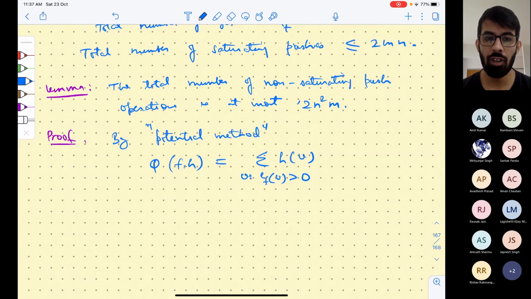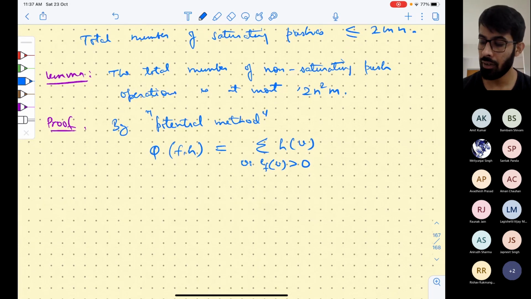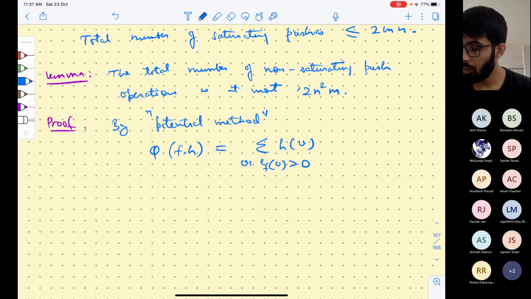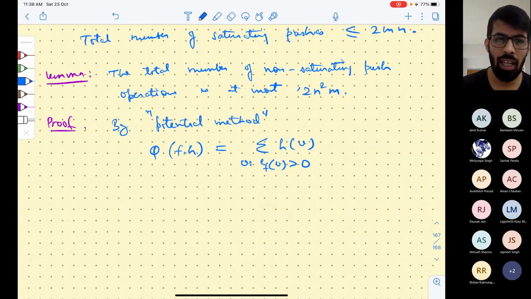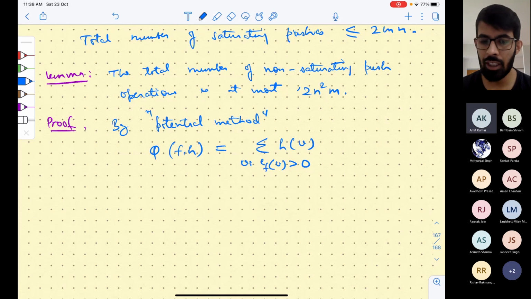So what is this potential function initially? Is this n? Oh wait, no, sorry, I was including the source.